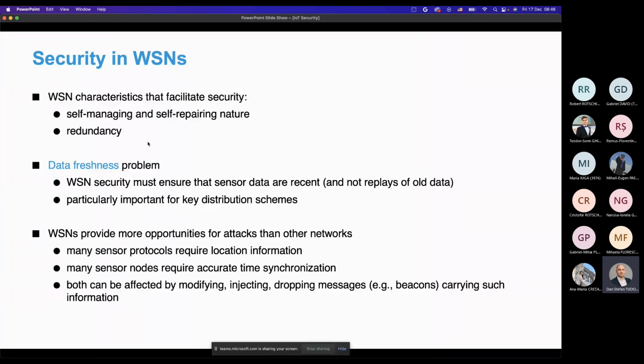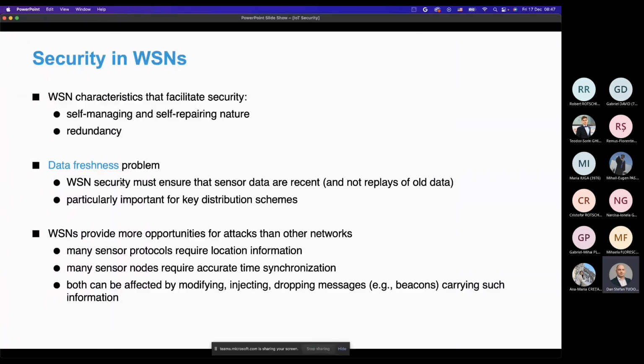You can use that redundancy to your advantage. Whenever you detect that part of your network is subject to an attack, you can disable that part of the network and reroute network traffic through other paths which are clear of attackers.